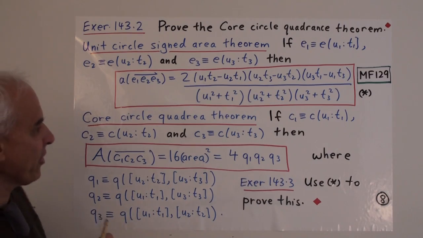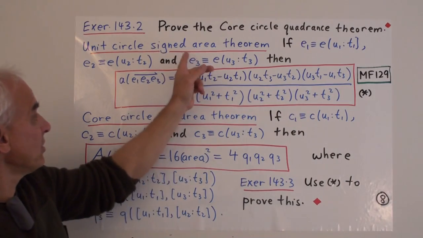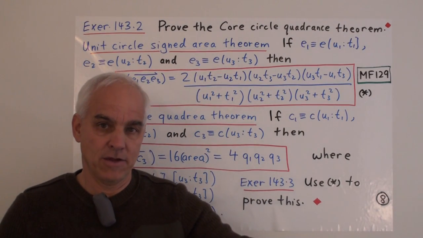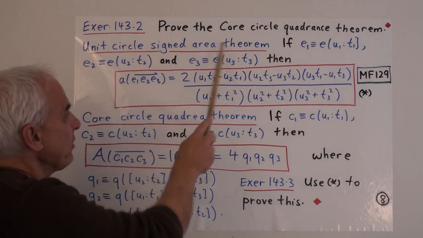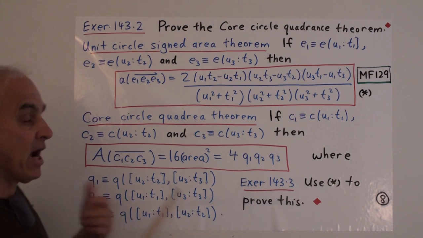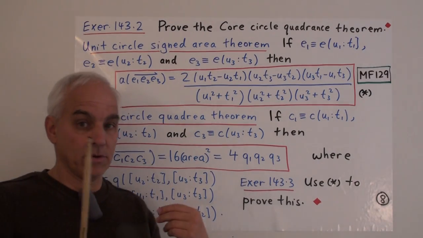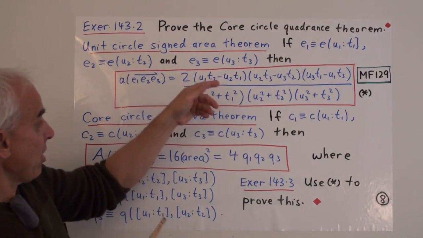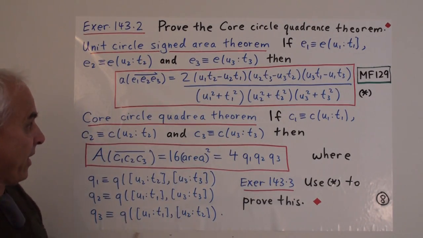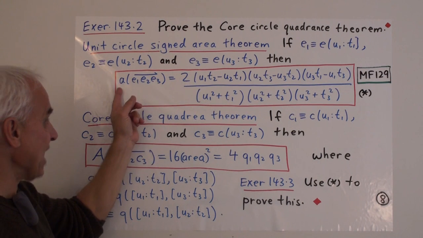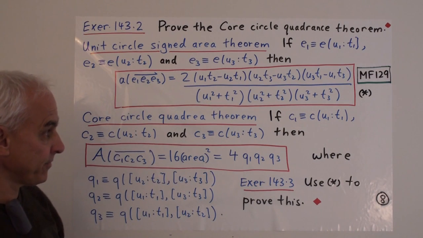Alright, now I want to turn to another important result that we established in Math Foundations 129 for the unit circle. I want to see what the analog is for our core circle. This was the unit circle signed area theorem, which told us what the signed area is of a triangle formed by 3 points on the unit circle. So if E1, E2, E3 are 3 points on the unit circle with rational parametrizations in the obvious ways, then here was an expression for the signed area of the oriented or signed triangle E1, E2, E3.